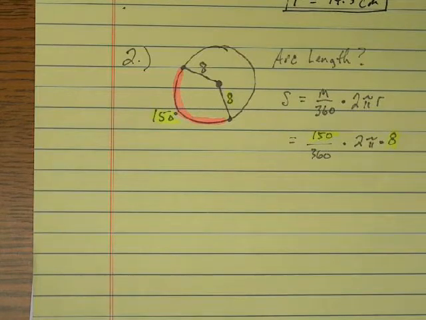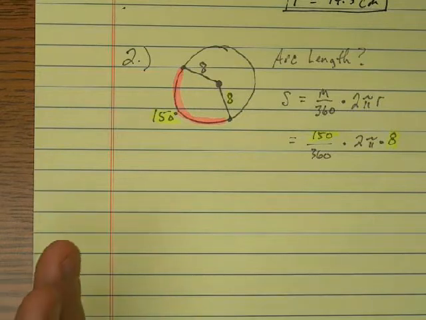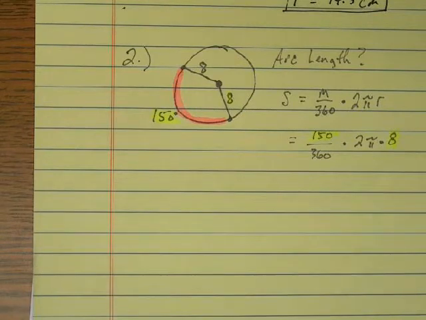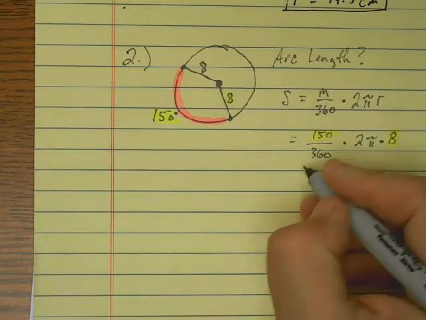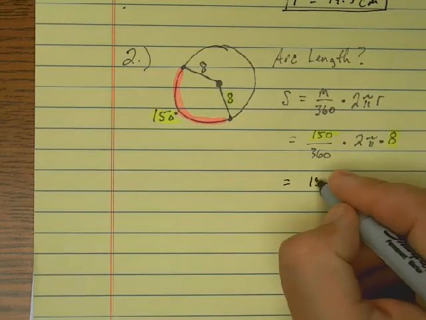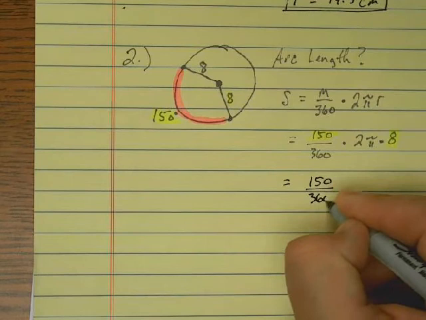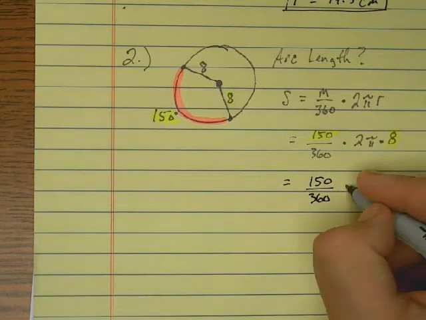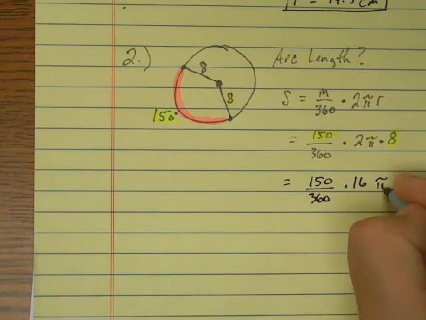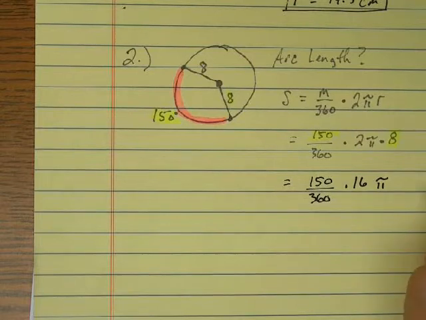Okay? So we want to simplify the numbers so that we are in reduced form, simplest form, however you want to word that. All right, so 2 times 8 is 16. So we have 150 over 360 times 16 pi. Now, there's a couple different ways to do this.